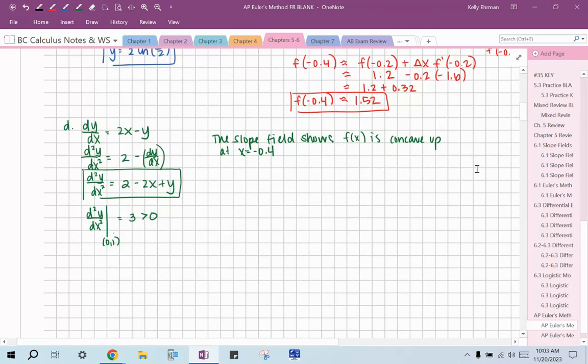So the slope field shows that f of x is concave up at that value. So therefore, the approximation is, and I always have to sketch this, an underestimate because the line is lower than the graph.